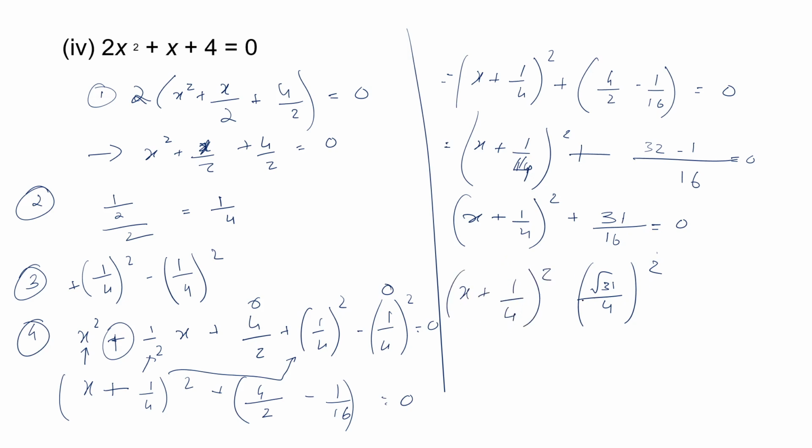Now, here we are not getting a square minus b square. If you are not getting a square minus b square, then what will happen? Here we will get minus of root 31 by 4 whole square, a negative number under a root.